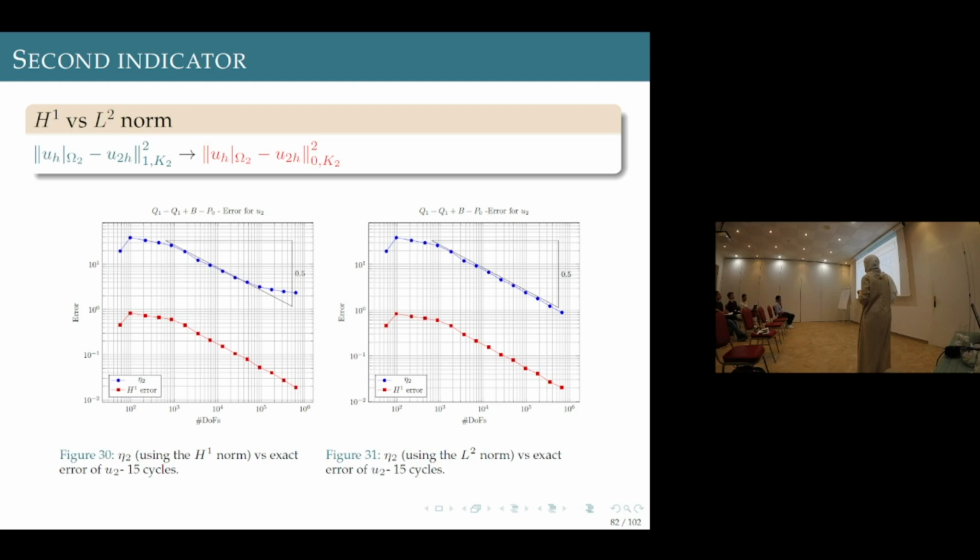And we noticed that numerically, if in the definition of this specific indicator, eta 2, we replace the H1 norm with the L2 norm, or with H times the H1 norm, we get a better behavior. But this is still under investigation. So if you have a solution for this, come to me. That's it for this work. If you have any questions.